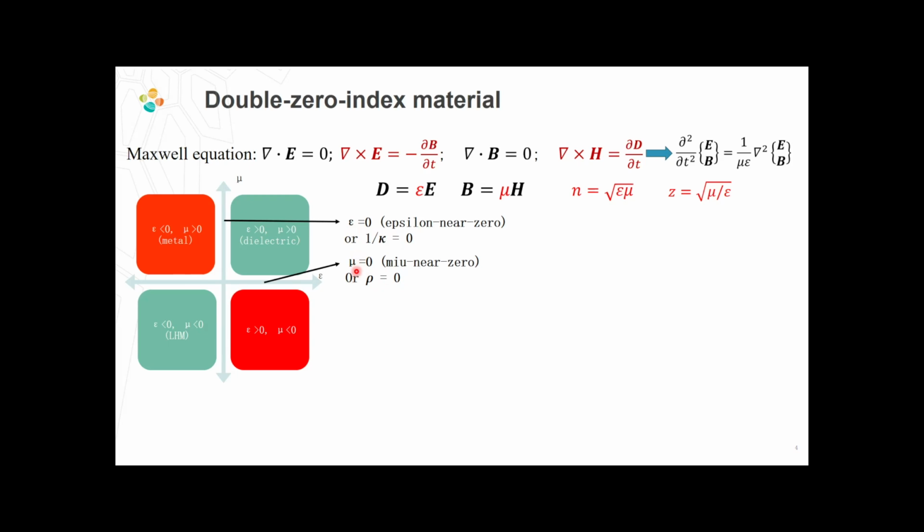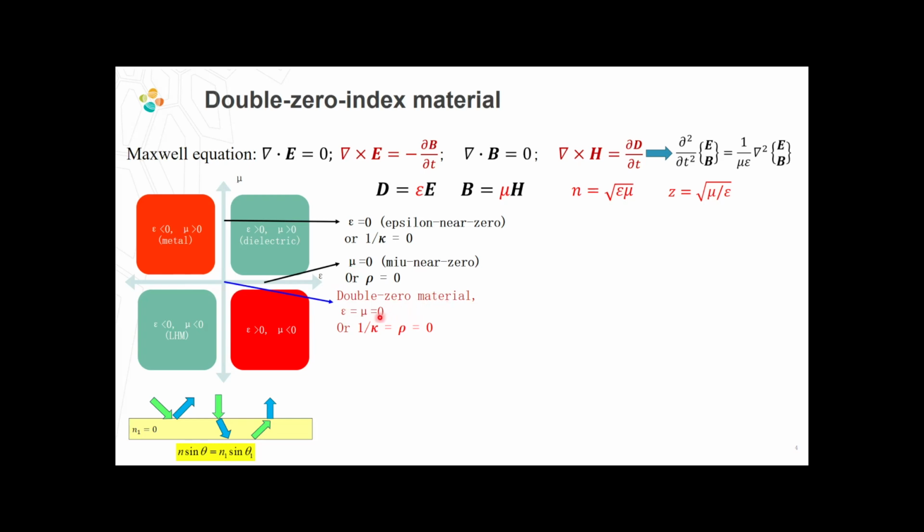If one of the parameters becomes 0, we call it a single zero material. What is more interesting is what happens if we are at the origin, where both parameters become 0. We call it a double zero material.